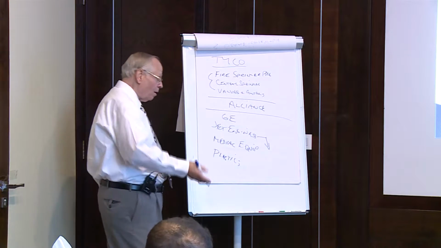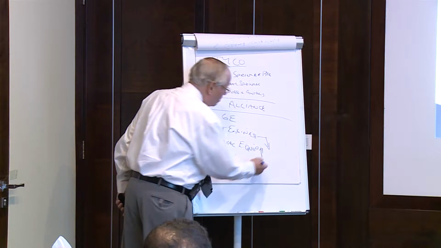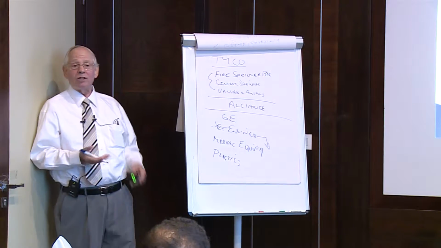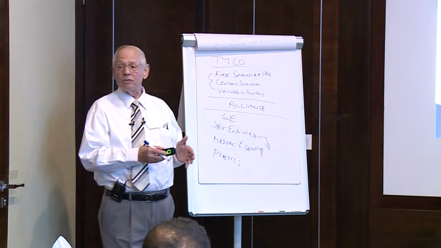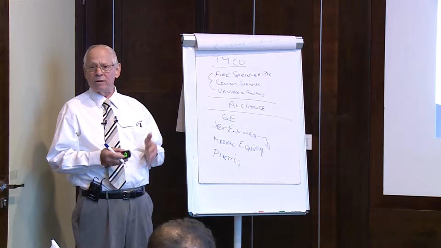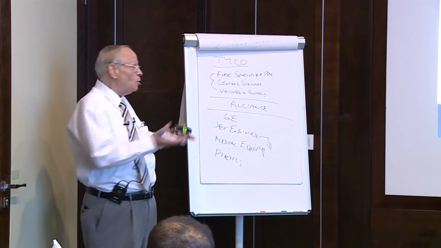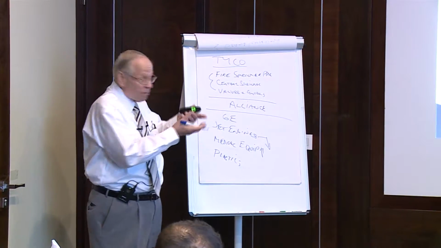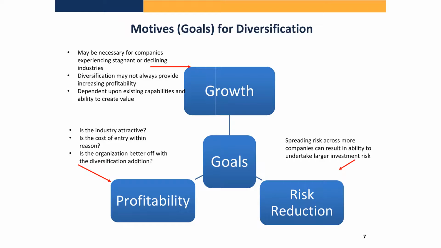That same year, medical products may actually be up. So the more diversified you are, you're reducing your risk of loss because some businesses may be able to carry other businesses that aren't having a good year. Does that make sense? So the more diversified you are, the more risk reduction you have. And that allows you to take larger investment risks.